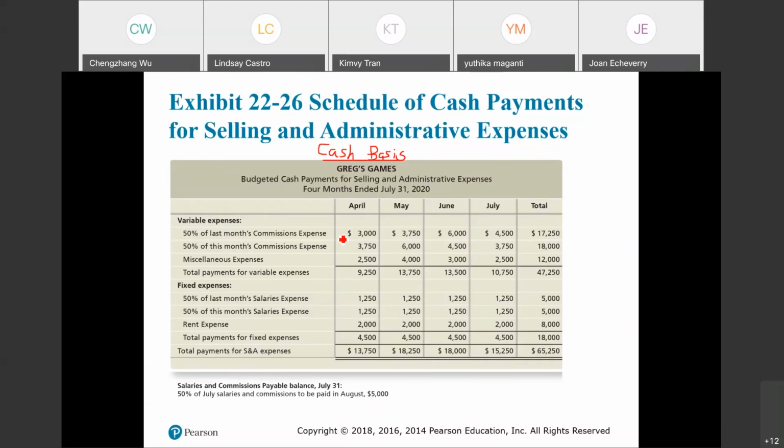And for variable parts, we pay half of this month's commission expense and another half of last month's commission expenses plus the total of the miscellaneous expenses.